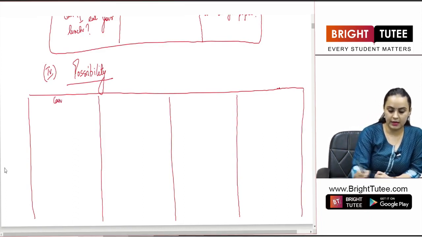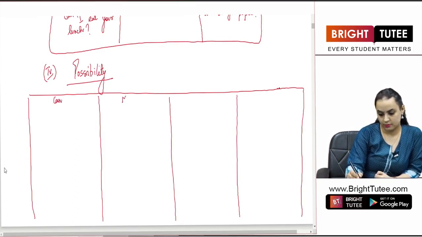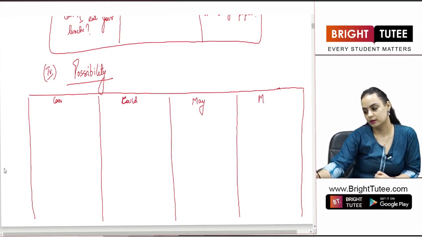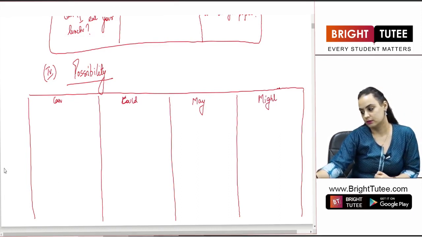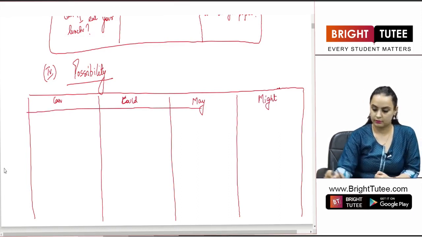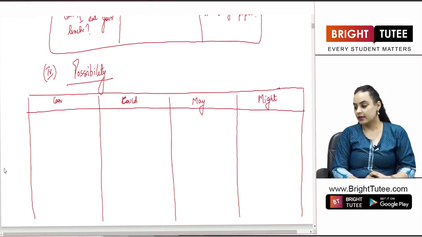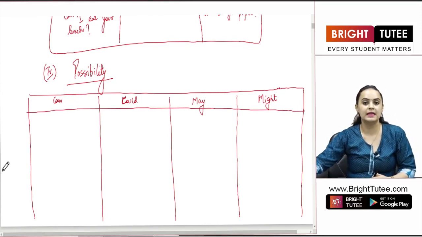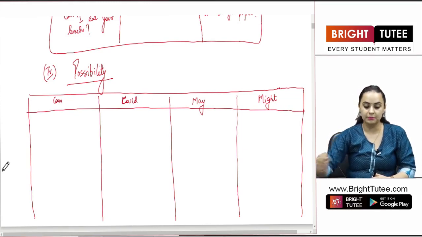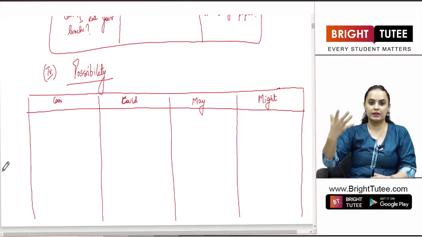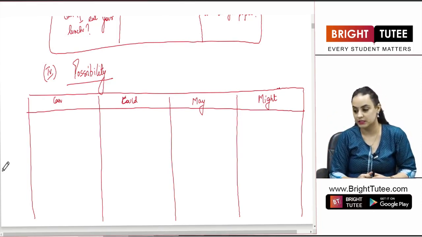We have can, could, may and might. So can, could, may, might. These are the four modals that are used to talk about something which you are expressing the possibility of.